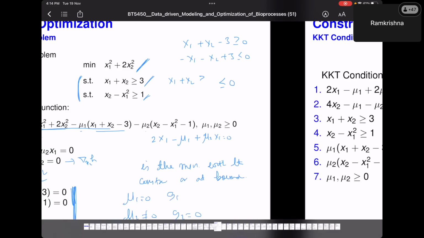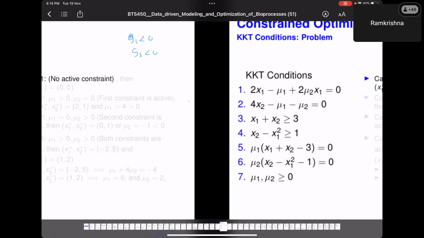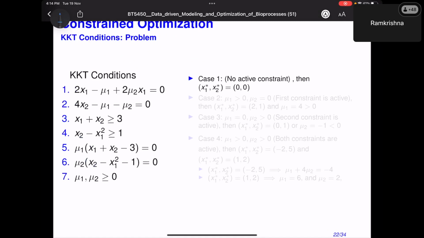What happens? So first, I'm assuming that both constraints are strictly satisfied, that the minima is in the inside of those constraints. So I'm just looking at a general unconstrained optimization problem, which means x1 star and x2 star are equal to 0. What happens in this case? Is this a useful solution? It just checks if this is satisfied and this is satisfied. So these two must be satisfied, right?